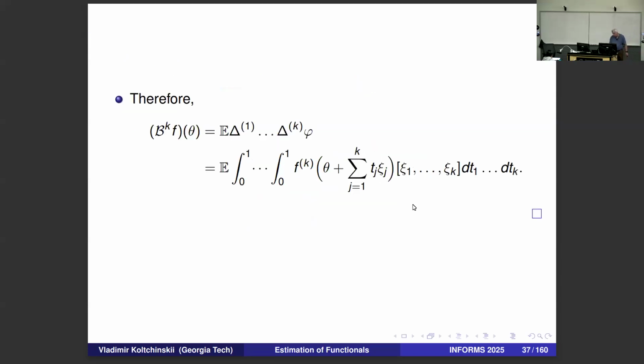So as a result, we are getting this expression, and now I can replace the t_j's by i.i.d. uniformly distributed variables. So that's basically an integral representation for this operator B_k f of theta, which is rather easy to derive in the case of the random shift model.